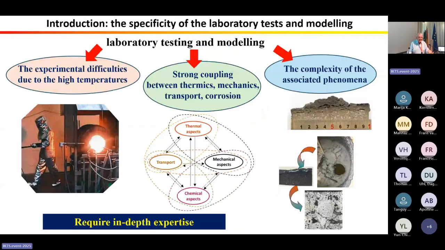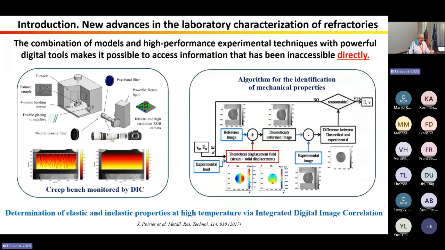But what is the specificity of laboratory tests and modeling for refractories? The experiments are very difficult due to high temperature. There is a strong coupling between thermics, mechanics, transport, and corrosion. And we have real complexity of the associated phenomena. So it requires in-depth expertise. But we are lucky.